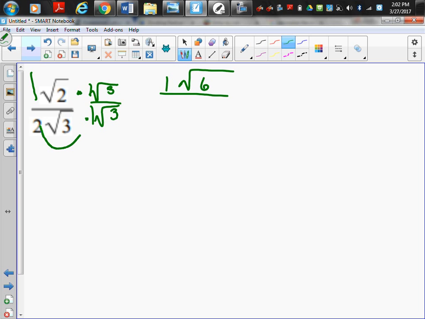You do the outsides. 2 times 1? 2. 3 times 3? 9. What's the square root of 9? 3. So that's the same thing as 2 times 3. So square root of 6 over 6.